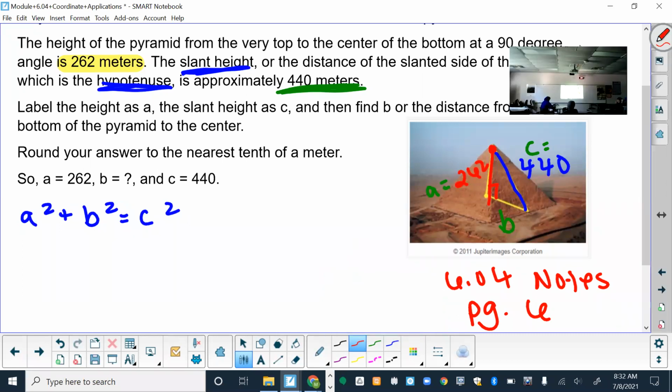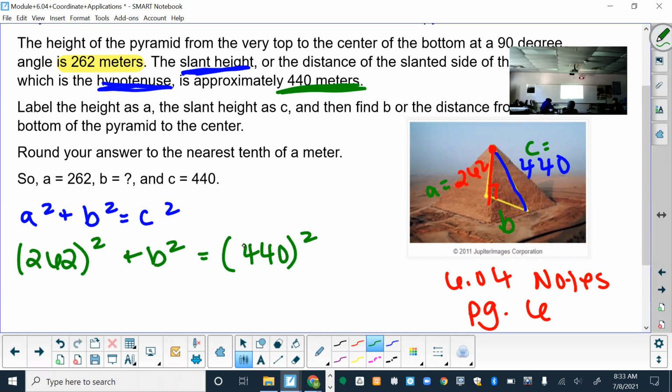So we have our formula here. Let's plug in what we are given. So we have the 262 for the a squared. B squared is unknown, so B is going to stay B, and the C is 440. Simplify what you can. So 262 squared, you probably needed your calculator for that. So 262 with that little caret looking button, squared, on your calculator.